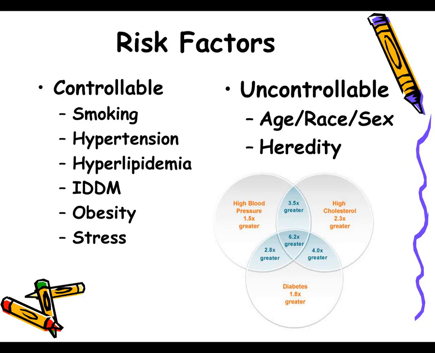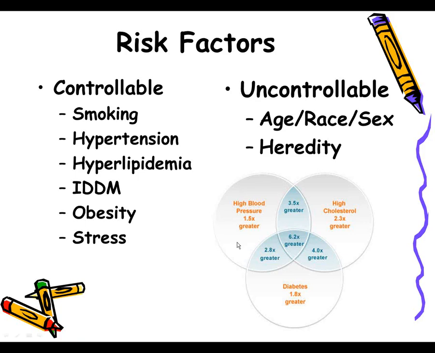Heredity, you know, they say that if your parents have heart disease, it's likely that you're going to have heart disease. And there's some truth to that, but more often than not, if your parents had many of these controllable risk factors and you inherit smoking, hypertension, high cholesterol, of course you're going to have heart disease. And it doesn't have anything to do with heredity.